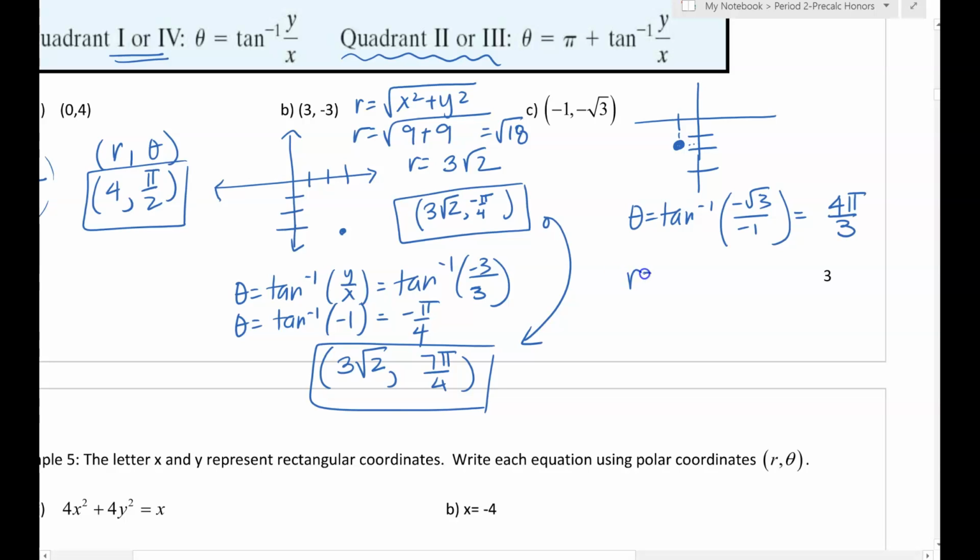Now let's find the radius. Radius is the square root of x squared, which is the quantity of negative 1 squared, which is 1, plus the quantity of negative rad 3 squared, which is now positive 3. So that will give me a value of 2. So 2 comma 4 pi over 3.